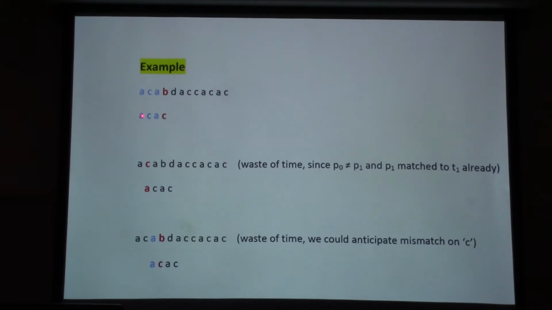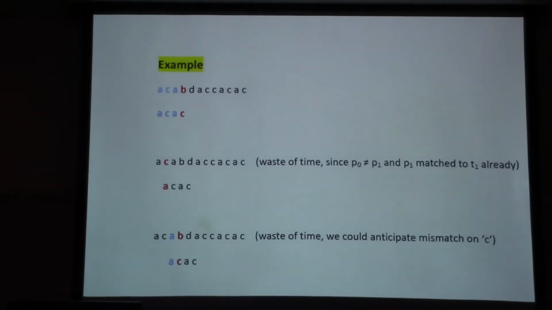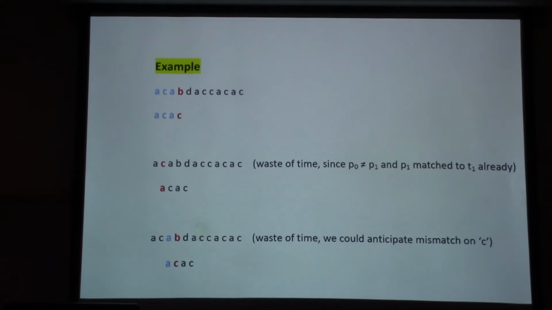It means that A is not equal to C. Since we already know that we matched the A and the C with the text, the probability of matching the first character of the pattern to the text is 0. So sliding by 1 is absolutely a waste of time. Does that make sense? Do you see why?